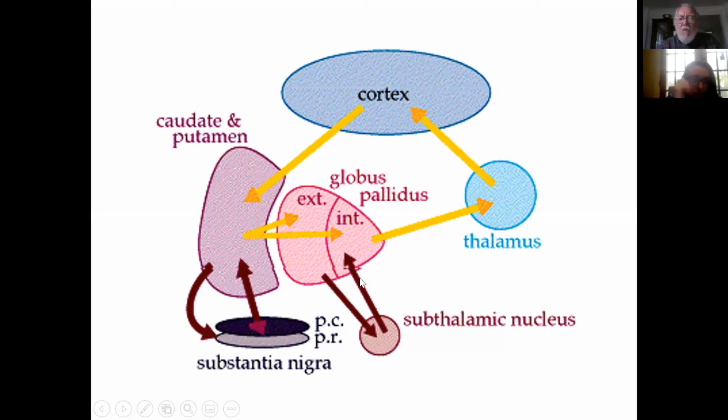Then the other interesting thing is to look at the subthalamic nucleus and the globus pallidus, where you can see the globus pallidus zona externa is going to the subthalamic nucleus, and then the subthalamic nucleus, in addition to the input coming in from the neostriatum, influences the globus pallidus zona interna.